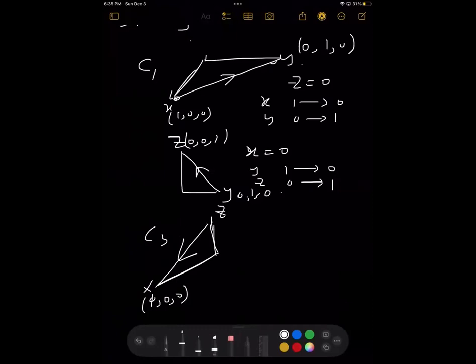So this is z, 0, 0, 1. In this curve, our y is 0. Our x goes from 0 to 1, and z goes from 1 to 0. Okay, so now C1, C2, C3 we have defined.